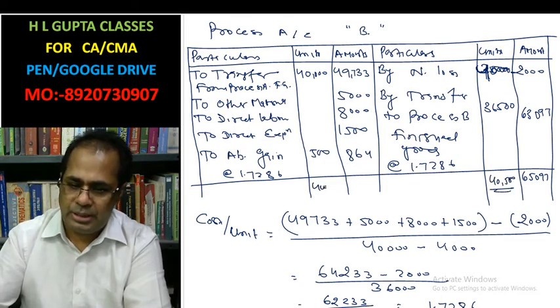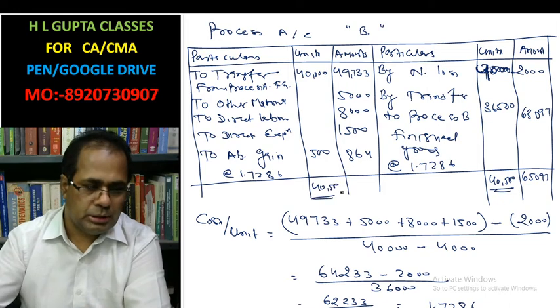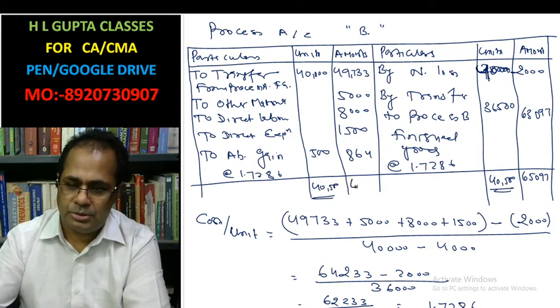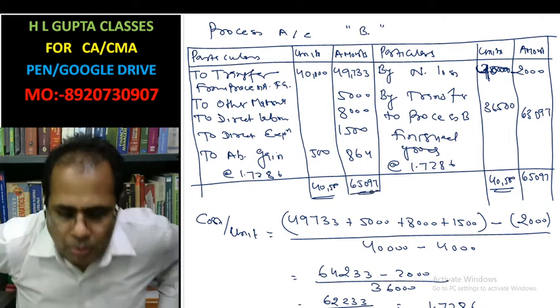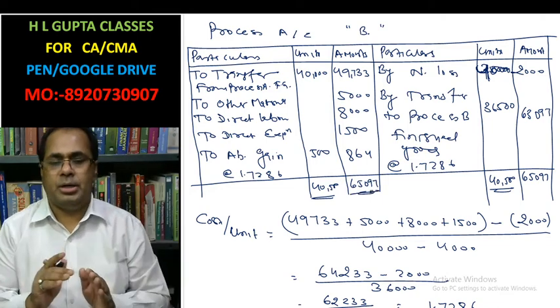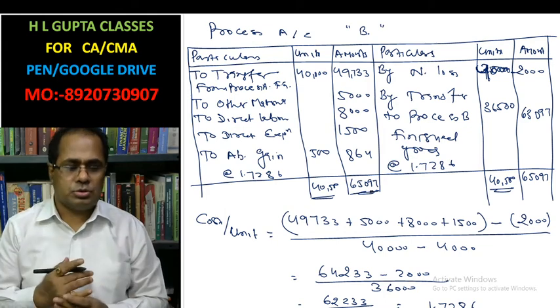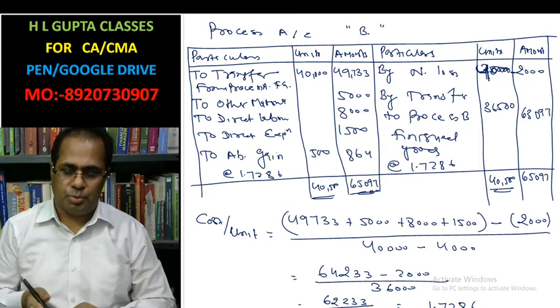This is 40,500, this is 65,097. Okay, now you have to make the finished goods account of process B.